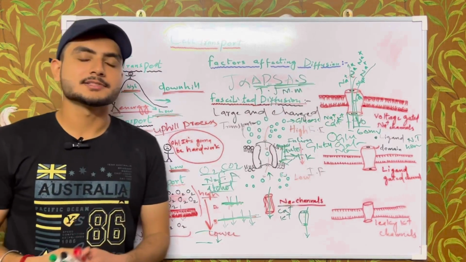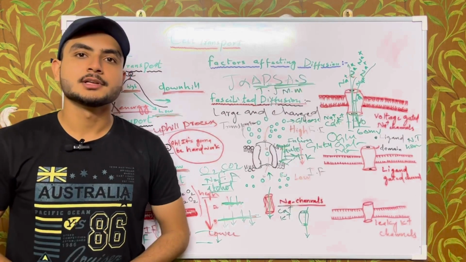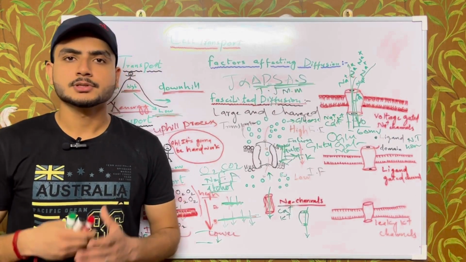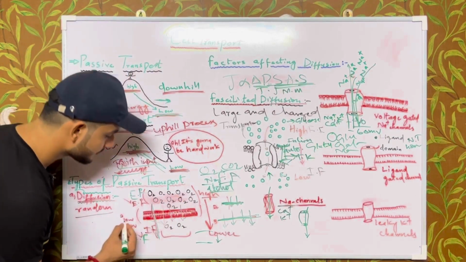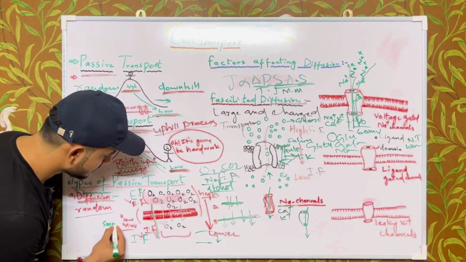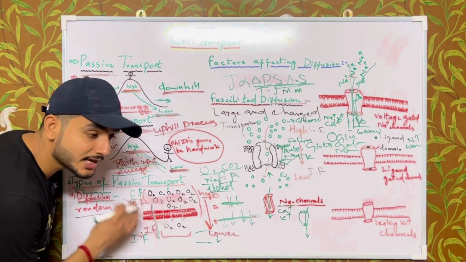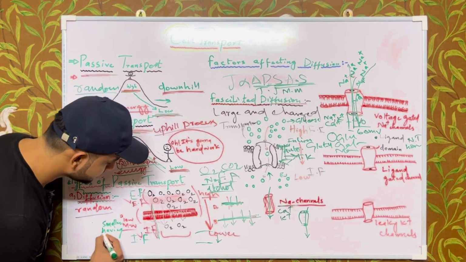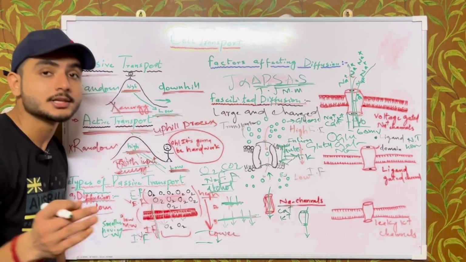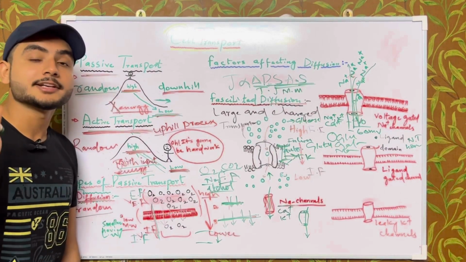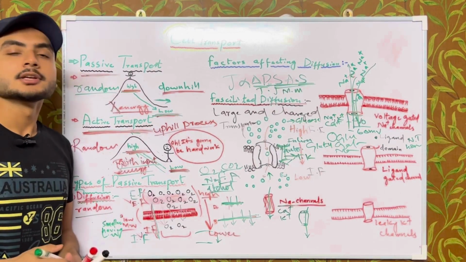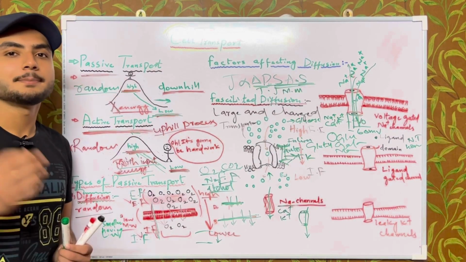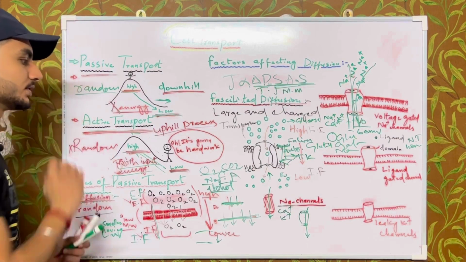What all substances can move by the process of simple diffusion? Substances which are smaller in size, having low molecular weight, and above all, substances which are lipid soluble can easily cross the membrane by the process known as simple diffusion.